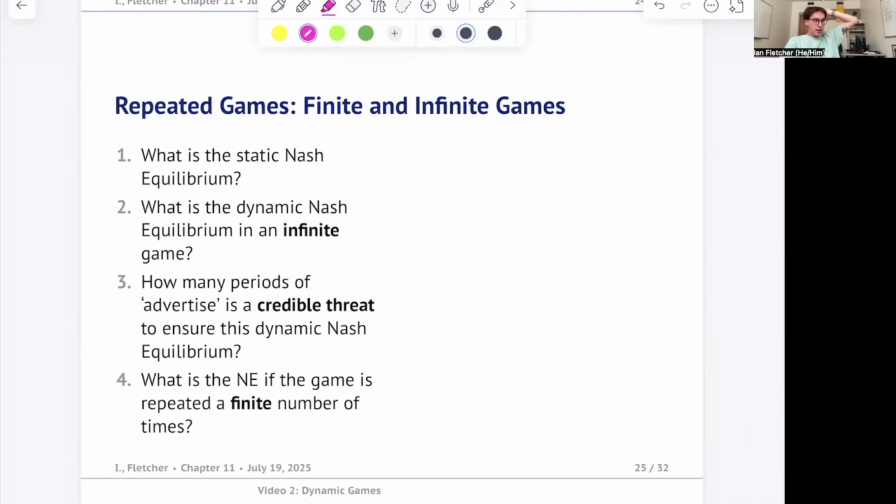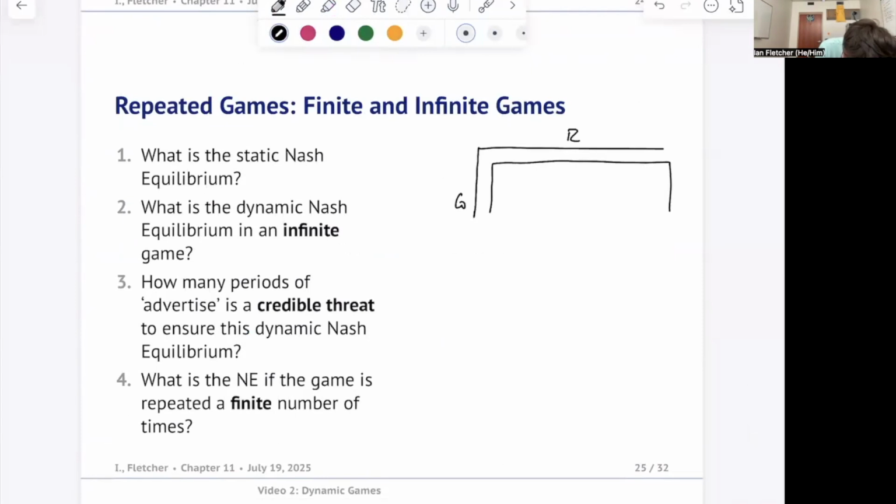Let's go back to the advertising game. Say that there are two players, G and R, and they can advertise or not.